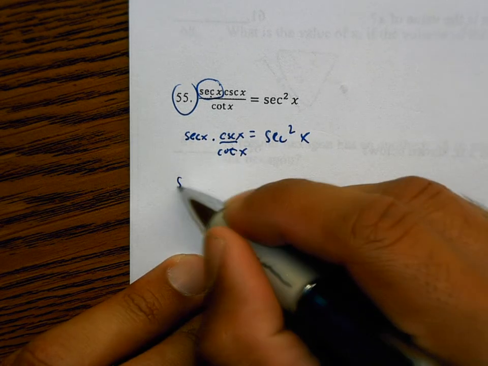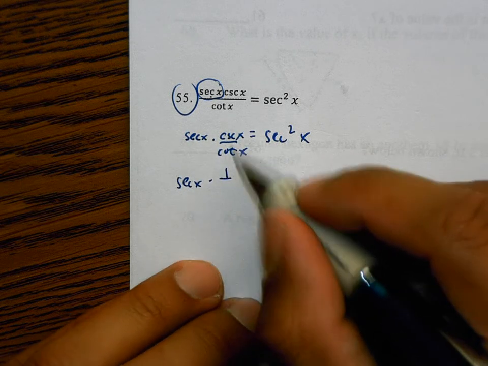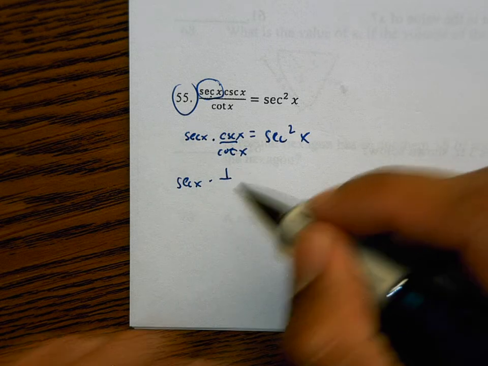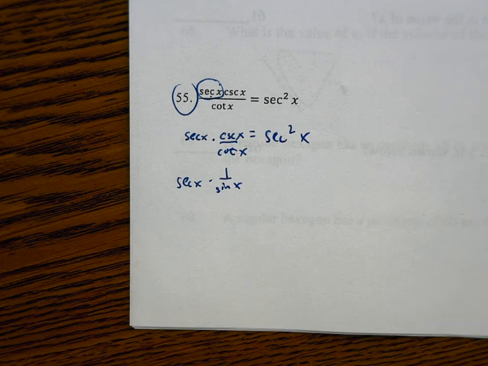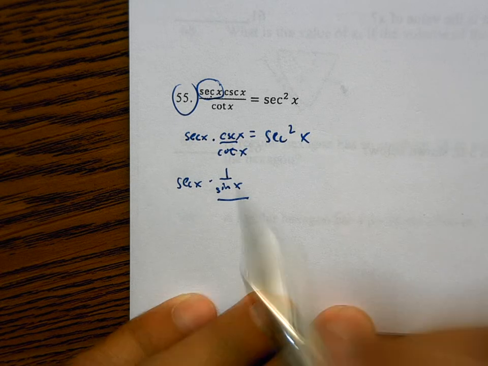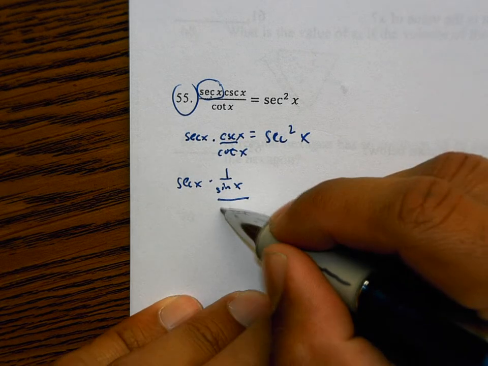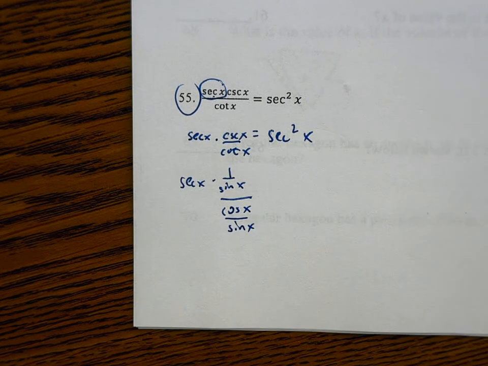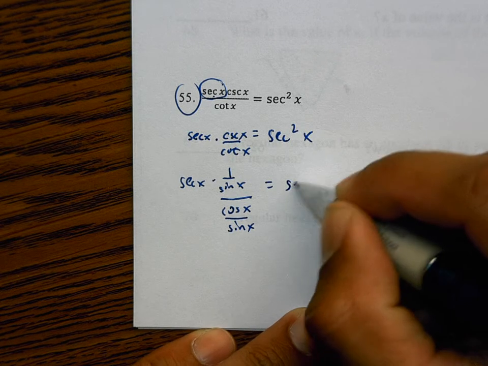Secant of x times 1 over cosecant is 1 divided by sine of x, using a reciprocal identity. Cotangent of x is, I'm going to use its quotient identity, cosine of x divided by sine of x. I'm not going to touch this side. I'm leaving the right side alone.